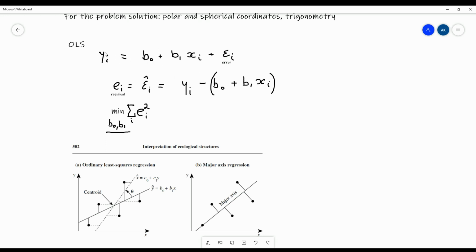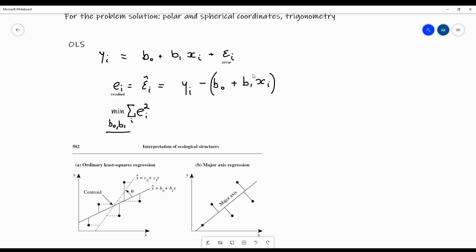We measure the dependent variable with some error which is not observed. We don't know this error. We can estimate this error, and how do we do that? Well, we pick coefficients beta 0 and beta 1, some set of coefficients, plug them into the model, and look at the difference between observed and predicted.